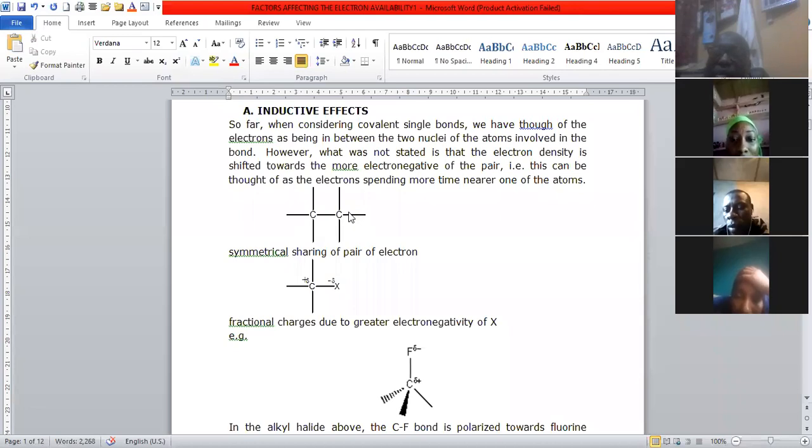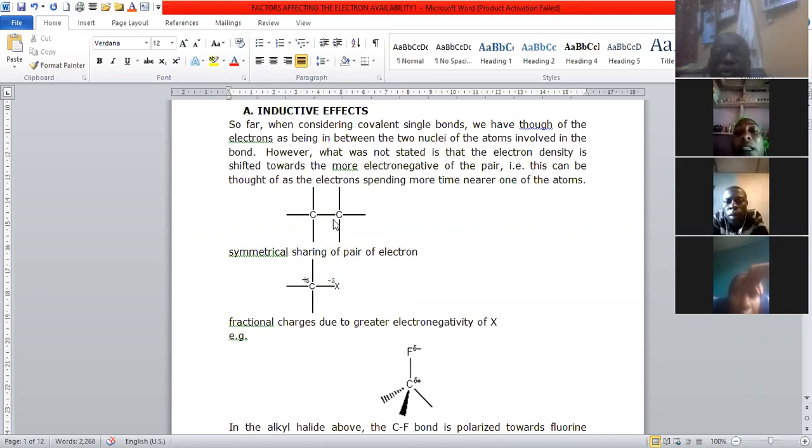Because you have carbon and carbon, the same kind of atom, the electronegativity is the same. The bond is not polar. It's a non-polar bond. Okay? Even if you have hydrogen attached to it, hydrogen is different from carbon, but hydrogen and carbon have almost the same electronegativity.